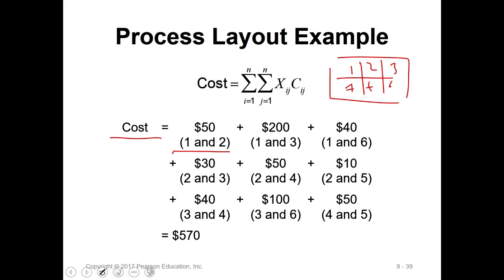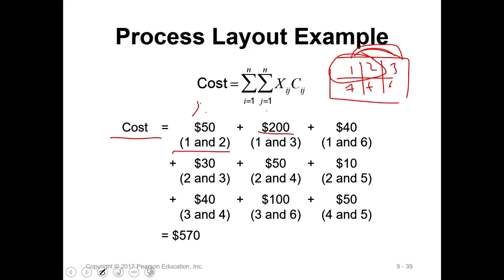Because when you move one item from 1 to 2, they are closer together, so it's going to cost $1. But if you move one item from 1 to 3, because they are far away, it's going to cost $2. So that's why from 1 to 2 is 50 times 1.